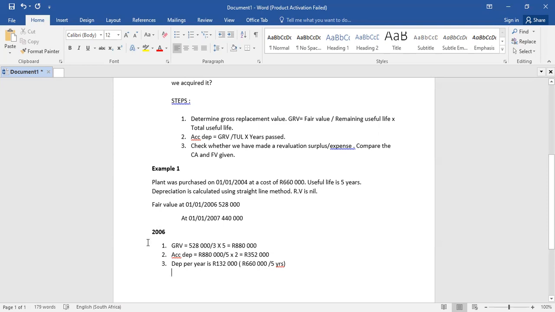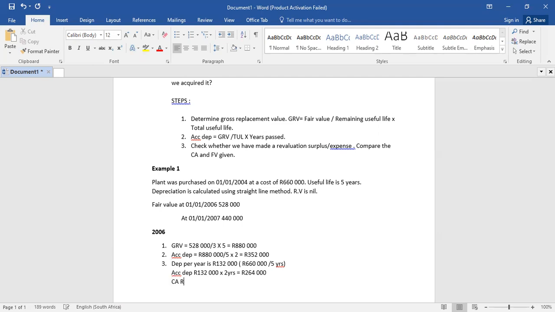Thina siku-20x6 isiwu-2 iminyaka edlulile. Shuthi our accumulated depreciation is 264,000, being 132,000 times 2 years. Okay, usunayo accumulated depreciation, shuthi usungakhona ukuthola your carrying amount.